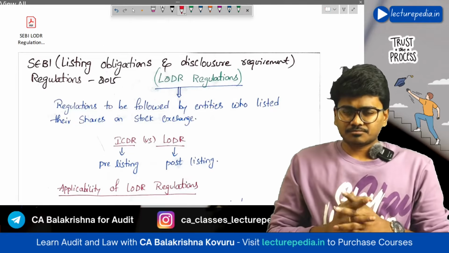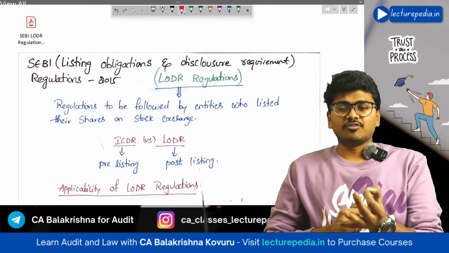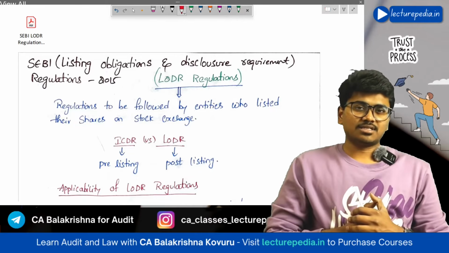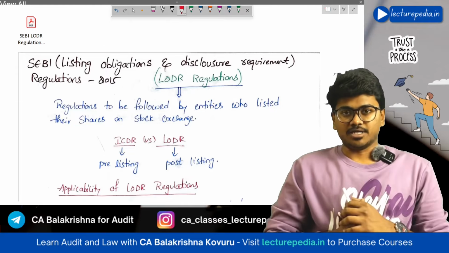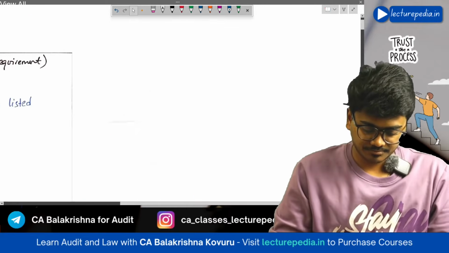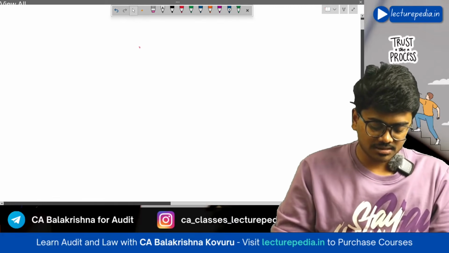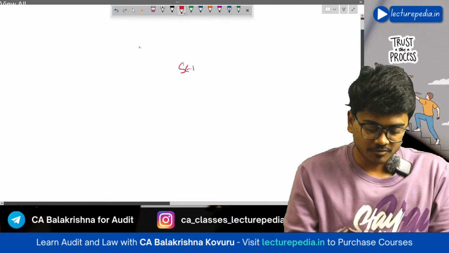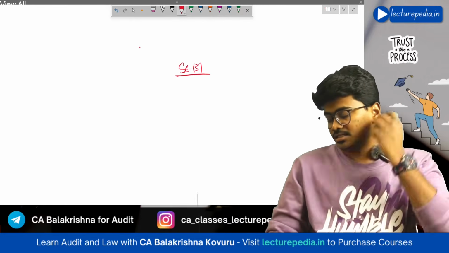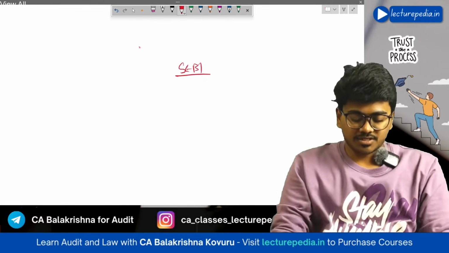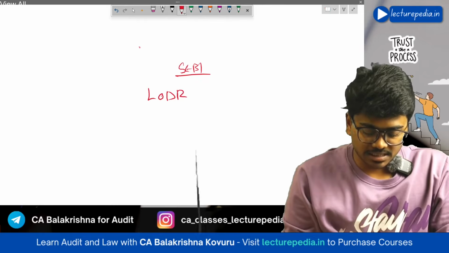Okay. Now, what are these LODR regulations? The full form of LODR regulations is Listing Obligations and Disclosure Requirements. See, in the previous class itself, I told you that SEBI will regulate the capital markets, right? So, as part of that, SEBI has issued LODR regulations.